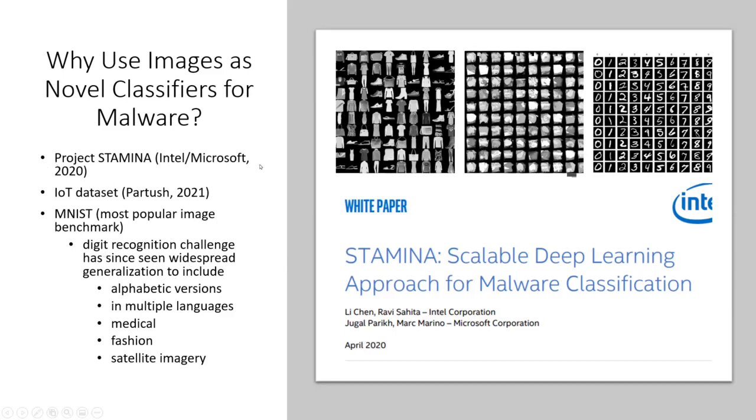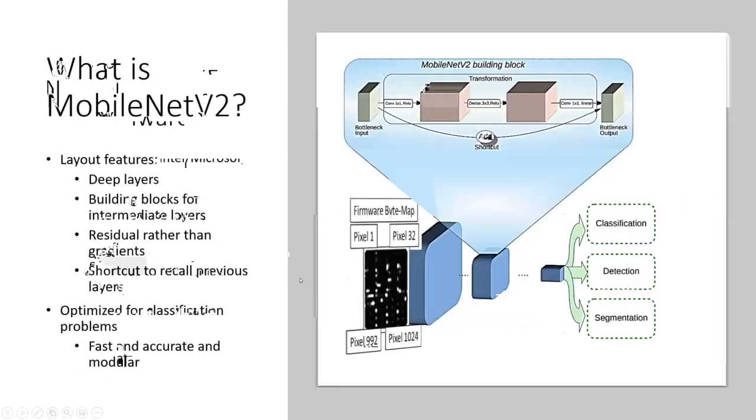So in 3 pieces, this was the kernel of the idea. This was a data set that we could build in image space, and this is the productivity of using images for deep learning. And we're going to do deep learning in a very productive way, a very efficient way. A very popular architecture is called MobileNet V2. It was originally described by Google. And it has a couple features that are a little bit unique.